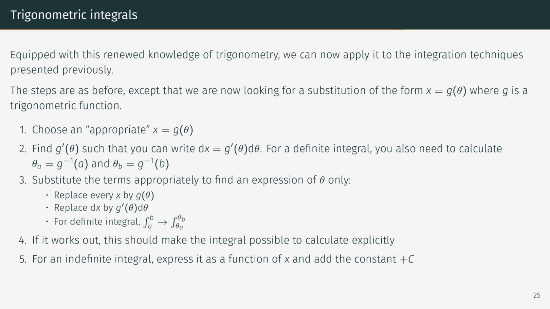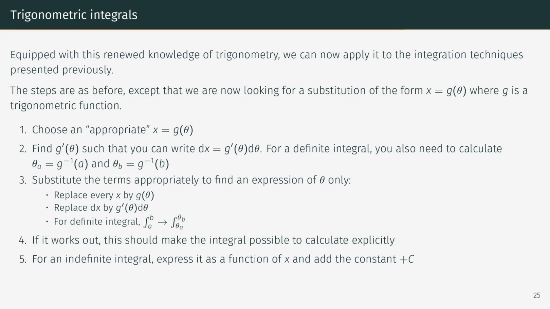First, we choose an appropriate x equals g of theta. Second, we find g prime of theta such that you can write dx equals g prime of theta d theta. For a definite integral, you also need to calculate theta a equals g inverse of a and theta b equals g inverse of b.